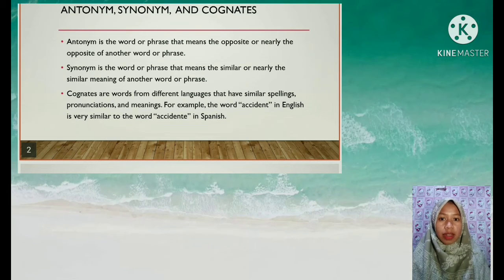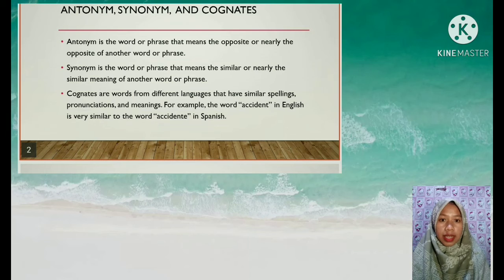Cognates. Cognates are words from different languages that have similar spellings, pronunciation, and meanings. For example, the word accident in English is very similar to the word accidente in Spanish. The spelling and pronunciation of both words are similar. In fact, there are about 20,000 Spanish and English cognates. Pair students and give each pair a set of cognate cards.